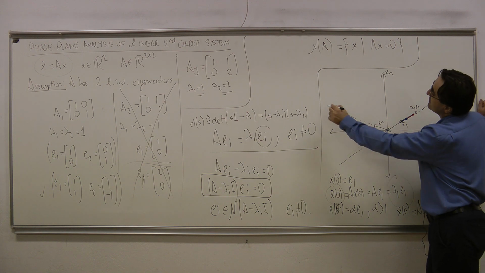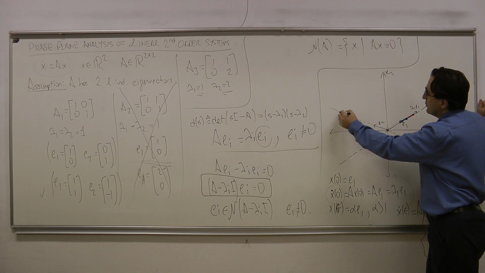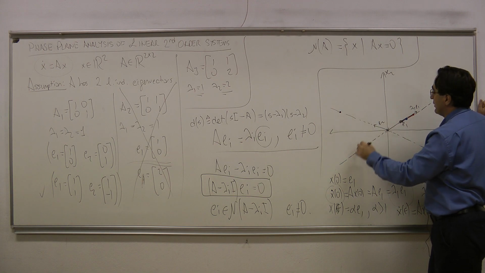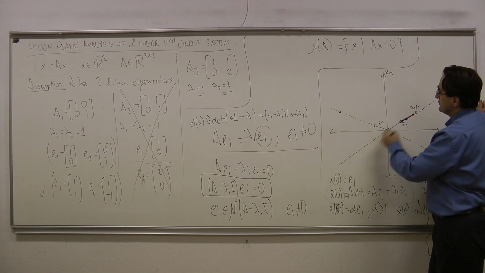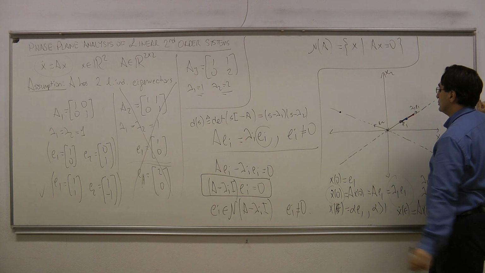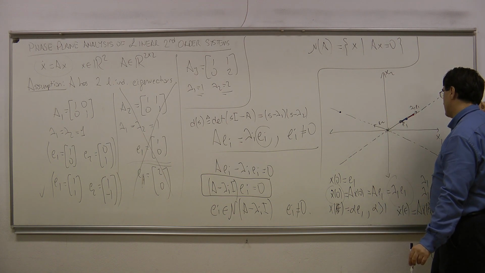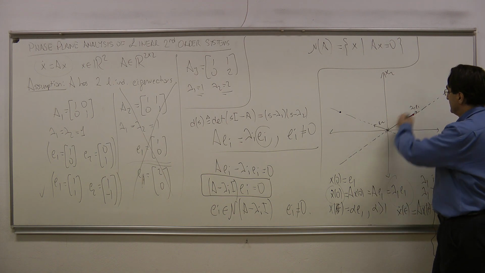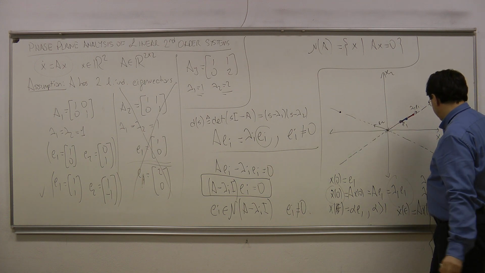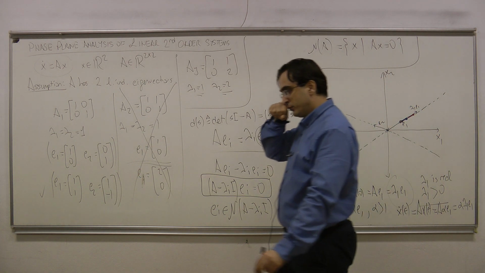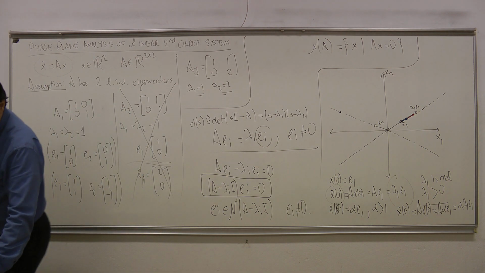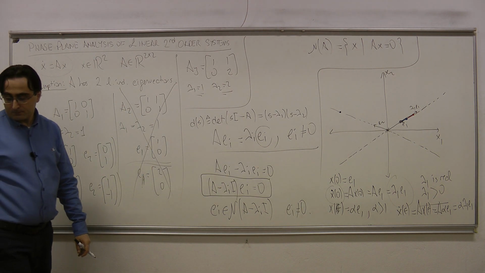When I start the system anywhere on these lines, the whole motion of the system would remain on these lines. That is the property of these eigenlines here. We have to be careful about those.